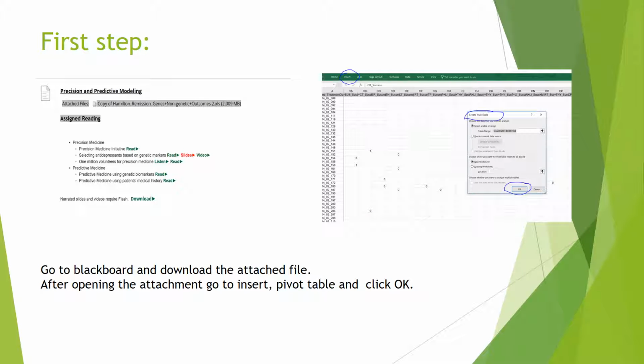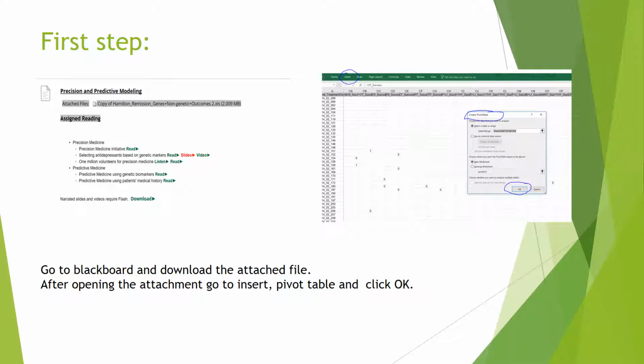The first step that you have to do for the assignment is go to Blackboard and look for the precision and predictive modeling assignment. At the top right corner, you're gonna see a message that says attach file. You're gonna click on it and download it.